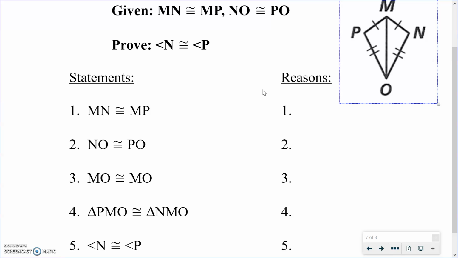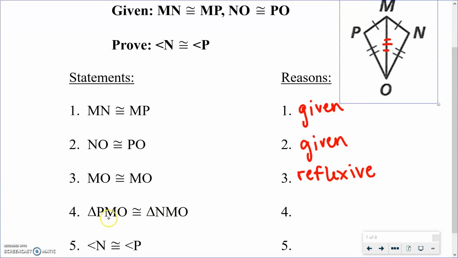So we first have our given here, and then we have another given. And then remember from yesterday, when it's the same thing equal to itself, that's this third side right here, and that is the reflexive property. Okay, and now we can write a congruence statement for these triangles.